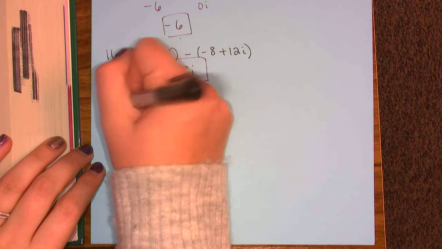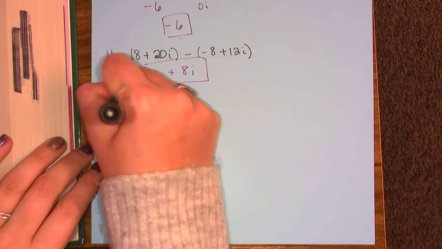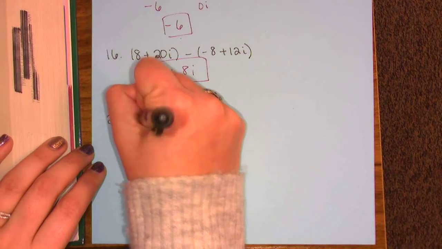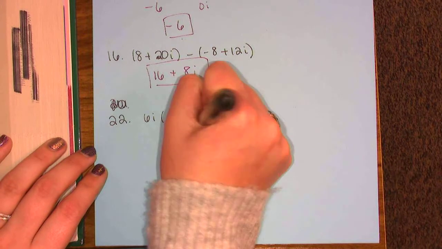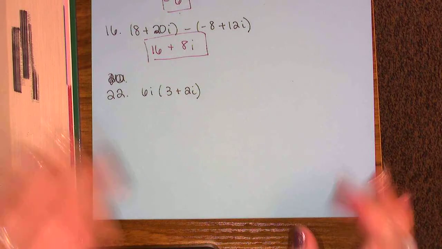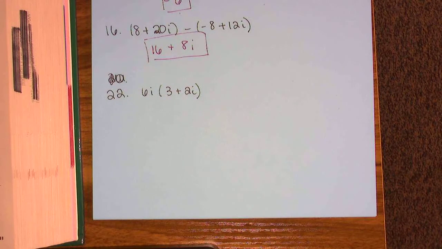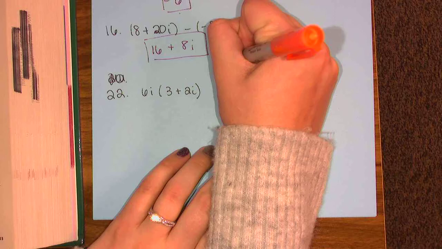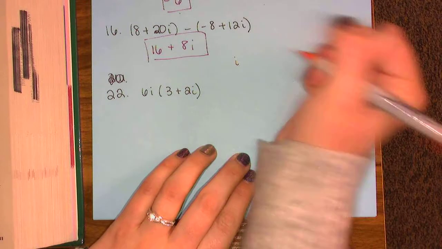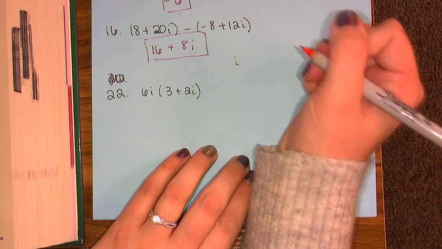This is 22. 6i times 3 plus 2i. Alright, hold on. Before we do this, what is i squared?